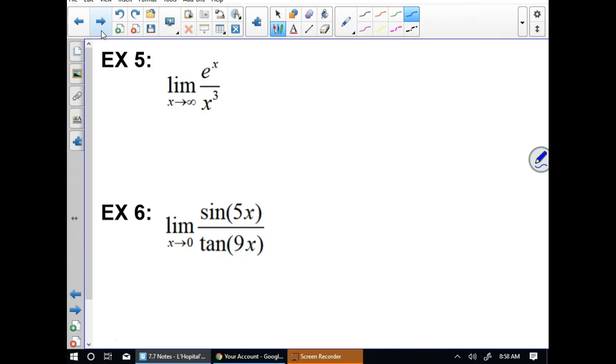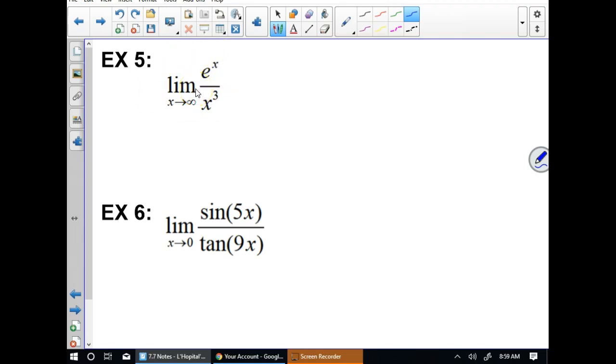And then it's very helpful if you have something like this. Now theoretically, I could think of this e to the x over x to the 3rd. Which one of these is eventually going to take off much faster? The e to the x, right? It is an exponential.